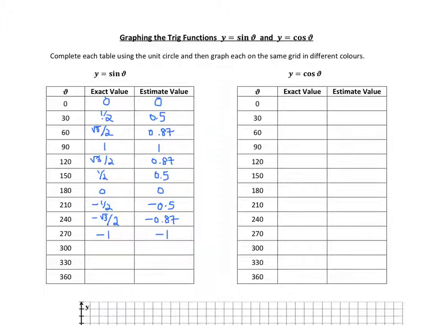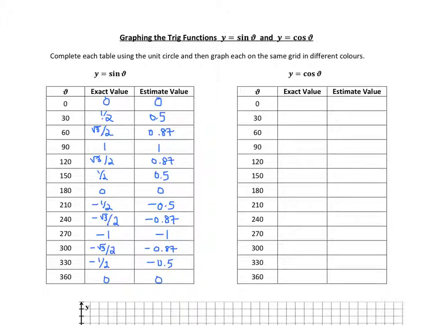So for example, to get the exact value for sine 300, I'm looking at 300 degrees on the unit circle, and I am looking at the y coordinate at that point. For 330, look at the y coordinate, okay, at 330 degrees, and you'll see that it is negative 1/2. So that's where these values are all coming from.